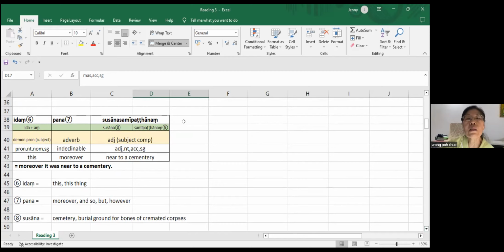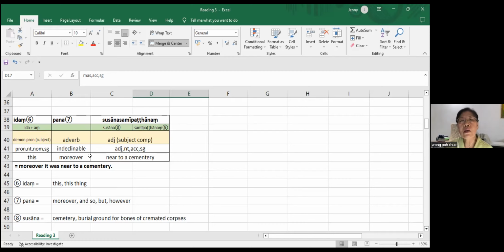So idang here is a demonstrative pronoun, neuter, nominative, singular, this, and it refers to Rajagaha, the place. And pana, take it as an adverb for English grammar, and for Pali an indeclinable adverb of emphasis, meaning moreover.